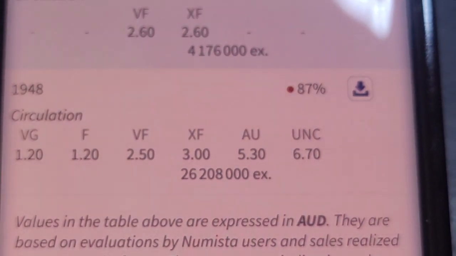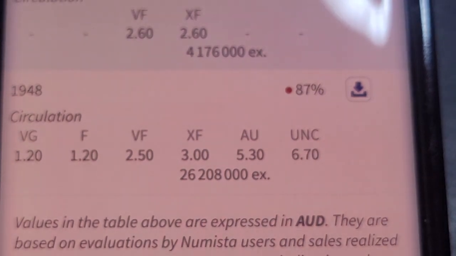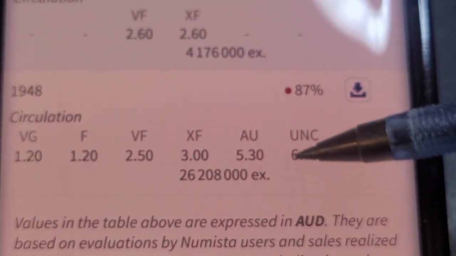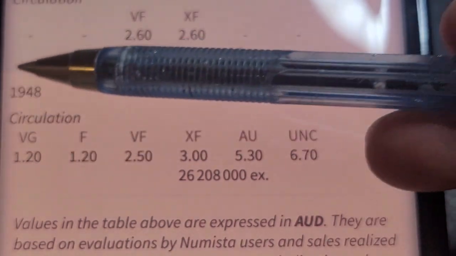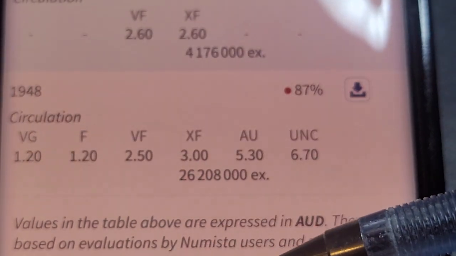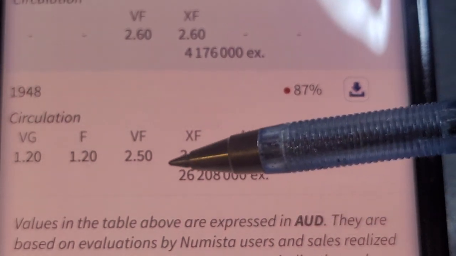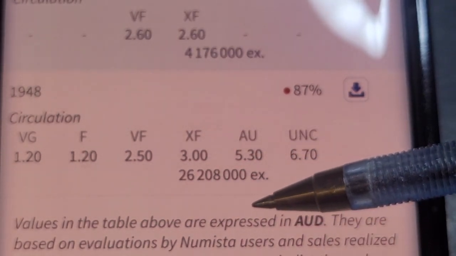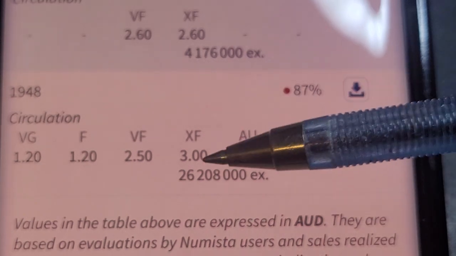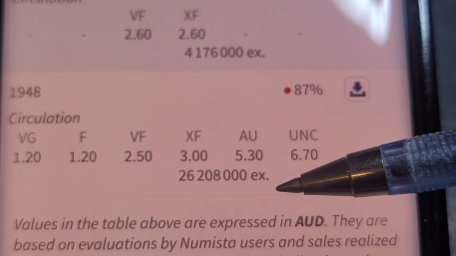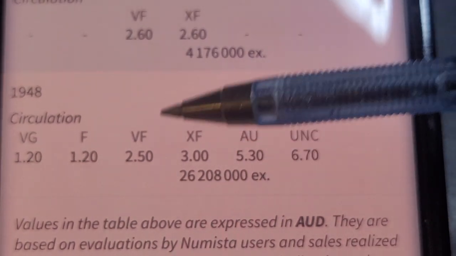Population probably would have been a bit over 9 million back. No, not a bit over 7 million, something like that back then. And this is when a lot of immigrants started to come to Australia after the Second World War. So this is really only about 7, 14, 21, roughly 3.5 coins per person in Australia.